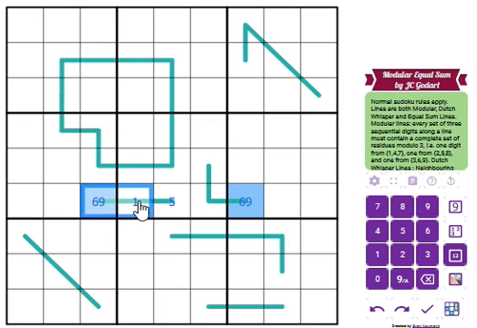It can't be 6, 9, 6, 5. So this is the only option for 6, and for 9 it could be 1, 8. So this could be 8, or it could be 2 and 7.